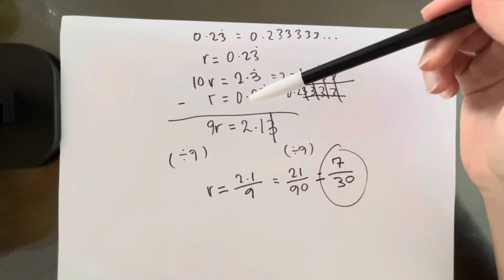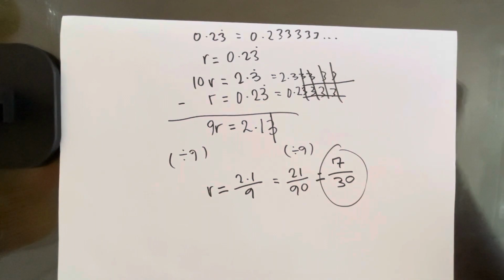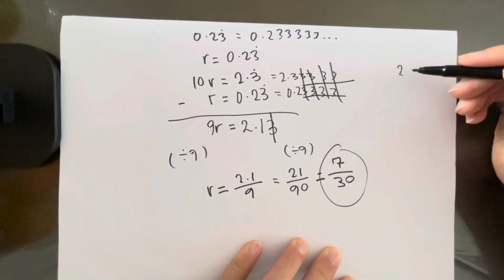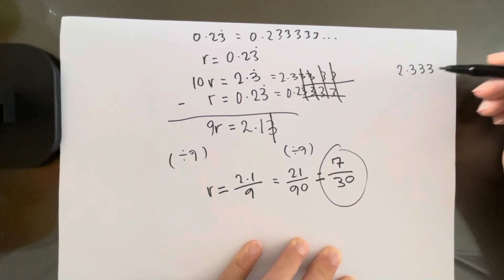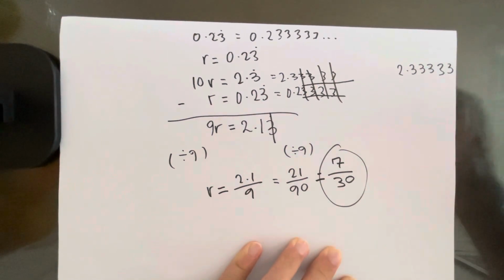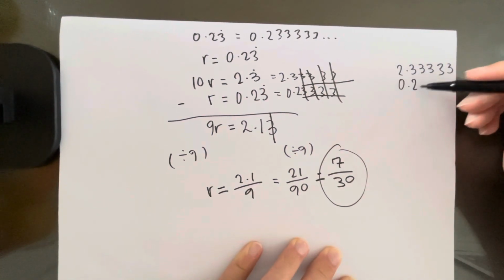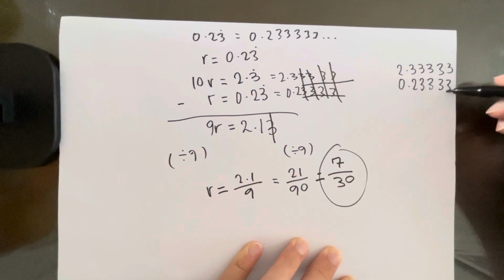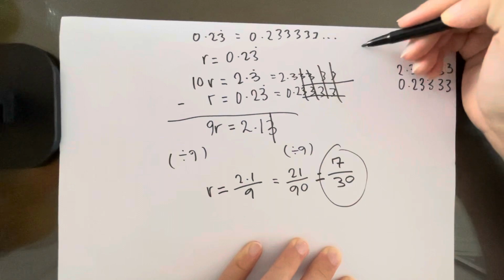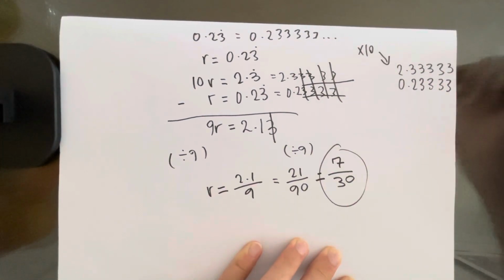And r is 0.23 recurring. 10r was 2.3 because we multiplied 0.23 by 10. So this would go on forever. And r was 0.23333 recurring, the original number, and we multiplied the original number by 10 to give us 2.333.